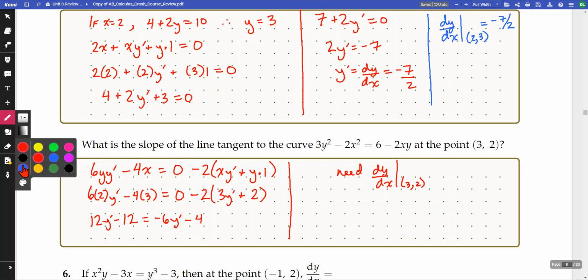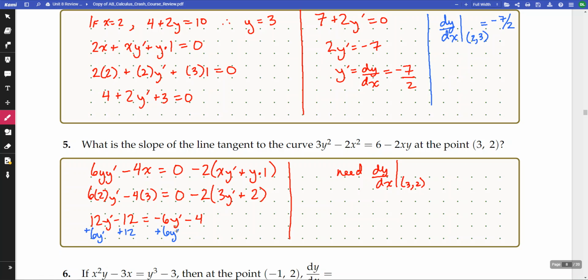I can do this like you might have done in elementary school or middle school, say plus 6y prime, plus 6y prime, plus 12. Make sure we balance our equations. And that'll give me 18y prime is going to be equal to 8.